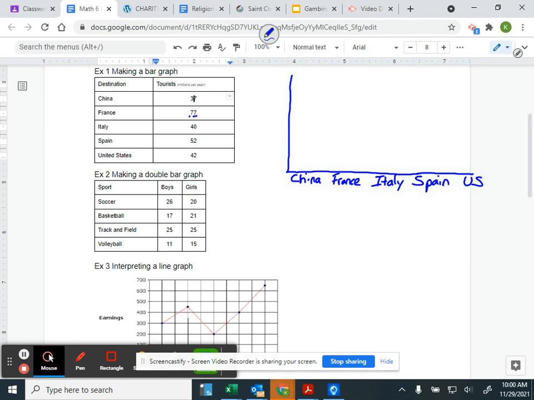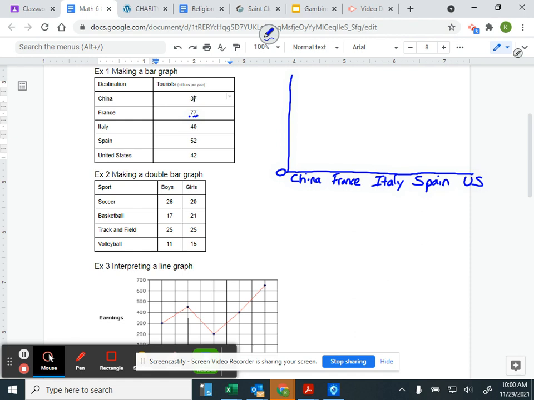Yeah, because we have to go all the way up to 77, and that takes up way too much room. We want to do some skip counting. So if we're going to start at 0 and we want to jump up, what would be a good scale to go up, Brielle? If we're going by 35s, we're going to have too many that are too close together.